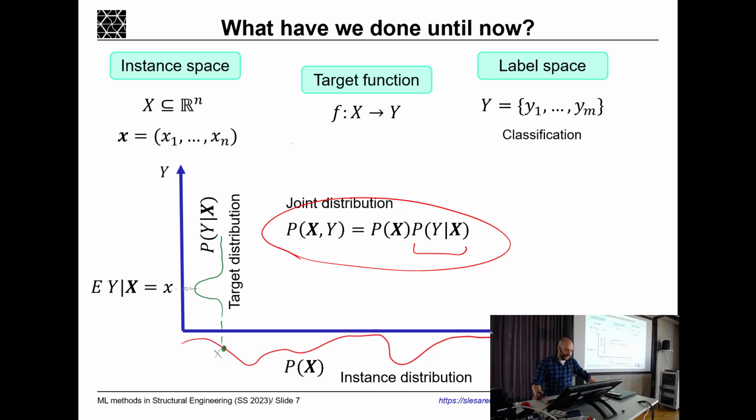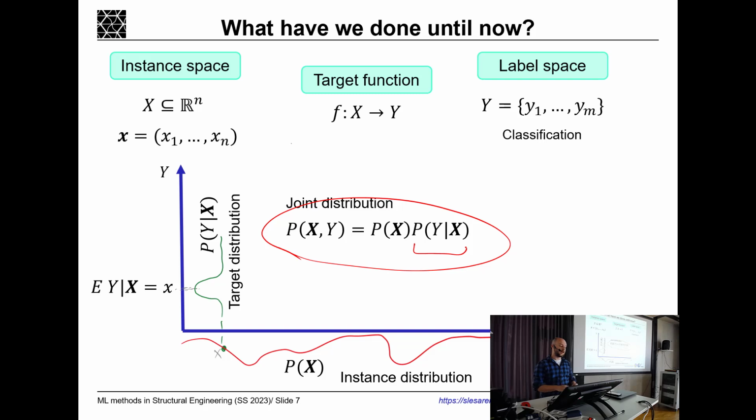So we have the instance distribution, when we look at what we have as an object and how often we see these objects. And for each object, we have the target distribution, so basically what label or value corresponds to it. And then from statistics, we can write the joint distribution P(X, Y).